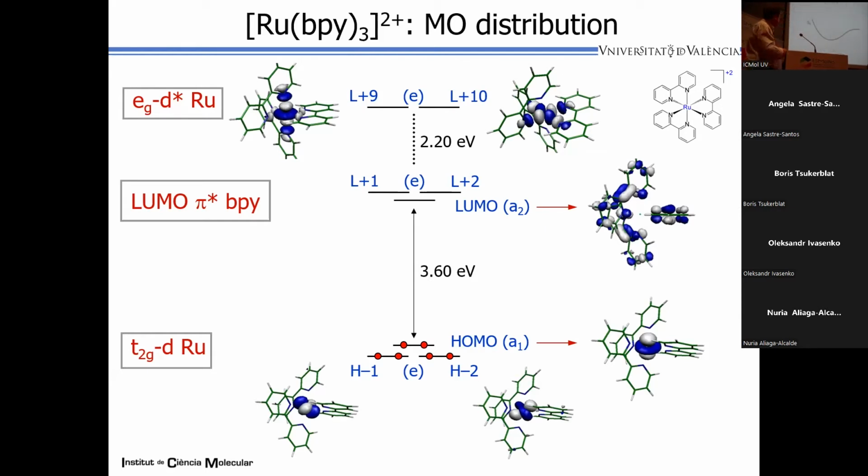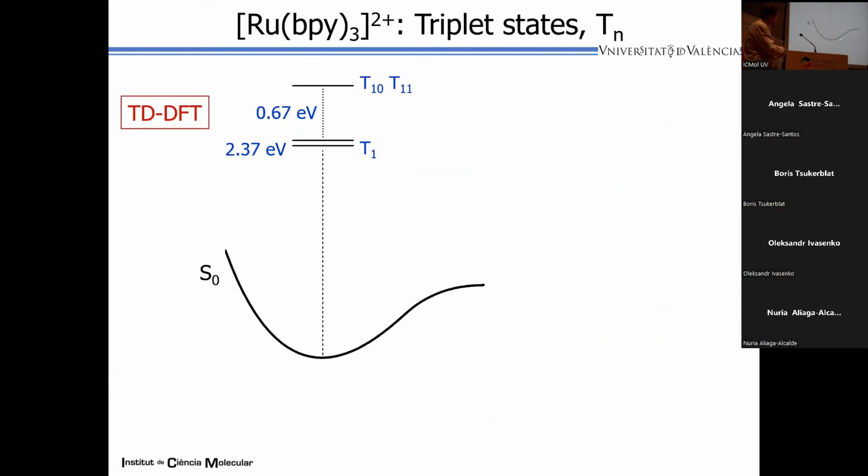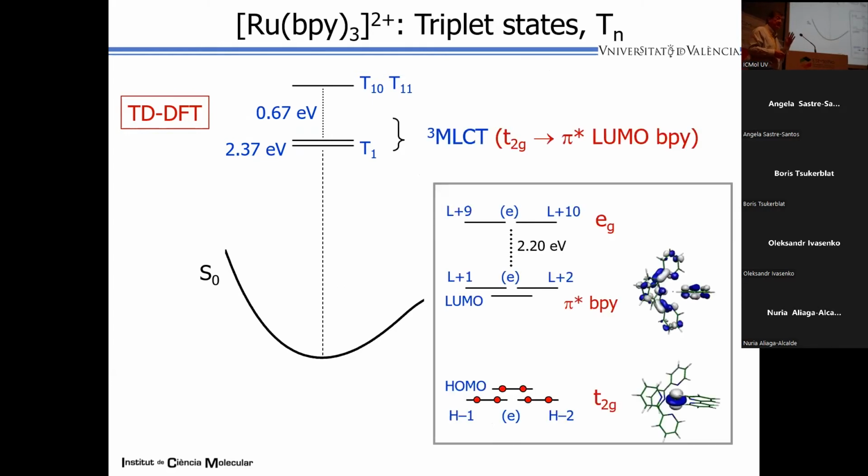Then we calculate the triplets at the geometry of the ground state of the complex. And we have many, many excited states. The first 9 states correspond to transitions from the HOMO-1, HOMO-2 to these 3 LUMOs. That means that you are really transferring an electron from the metal to the ligands, and you have a metal to ligand charge transfer triplet state.